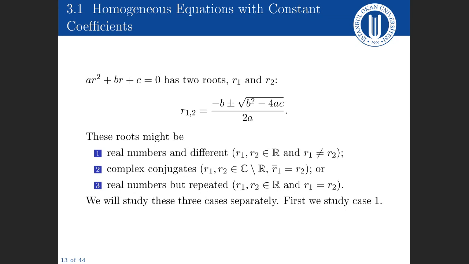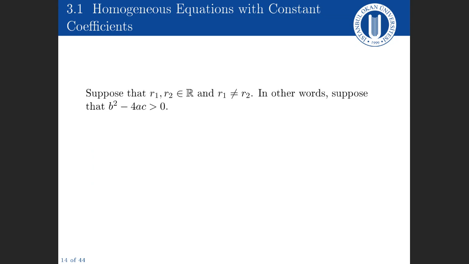First, we're going to study case 1. So suppose that our two roots are real numbers and they're different real numbers. In other words, we're supposing that b squared minus 4ac is strictly positive.